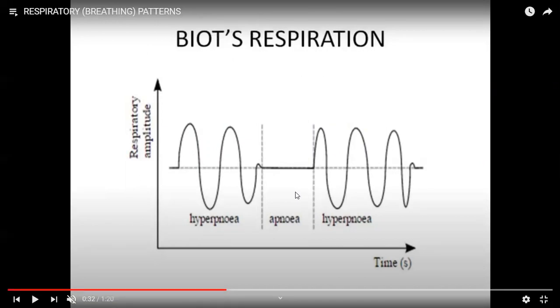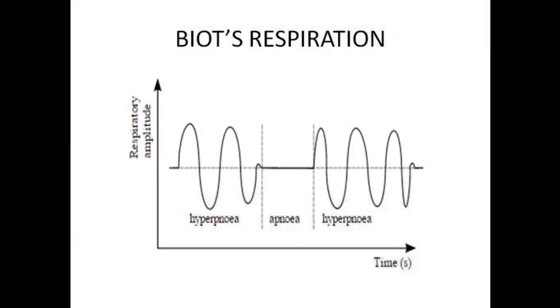Or normal, then apnea, normal, apnea, and so on. So you have to look for patterns of regular and irregular respiration occurring, and then apnea somewhere. That's biorespiration. As we said, somebody with traumatic brain injury or stroke can have this pattern of breathing.